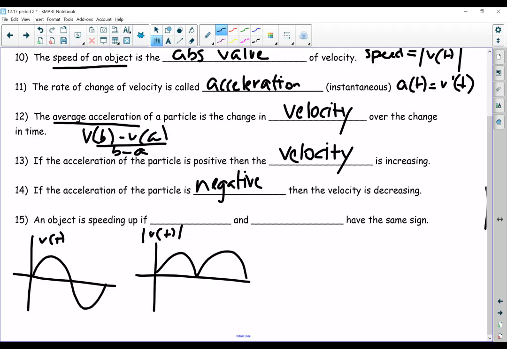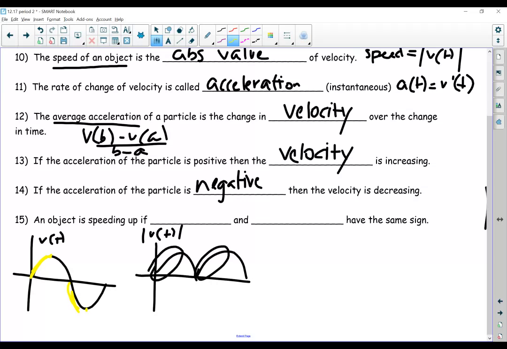Now, if I'm talking about speeding up, speeding up means that my speed is increasing, which would happen right here and right here. So notice the slope on the speed graph is positive in that value. Now, if we look at the original velocity graph, the speeding up parts that are the same would be right here and right here, because that negative velocity was moving in the negative direction, and so when I flipped it, it ended up going positive.